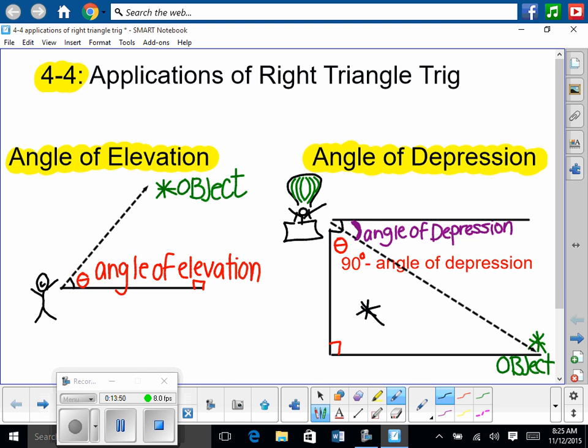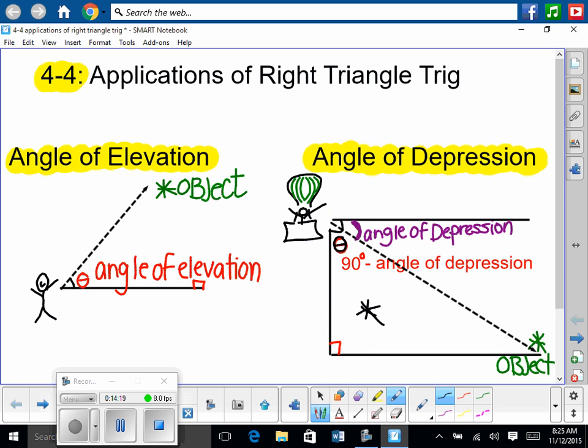So you can find angle theta inside the right triangle by taking 90 degrees and subtracting your angle of depression to get theta inside the right triangle. Because we can't use the angle of depression up here because it's not in the right triangle. So you'll take 90 and subtract your angle of depression. That would be your angle right here, and that's what you would use as your theta, because you need to use an angle inside the right triangle. Does that make sense, everybody?